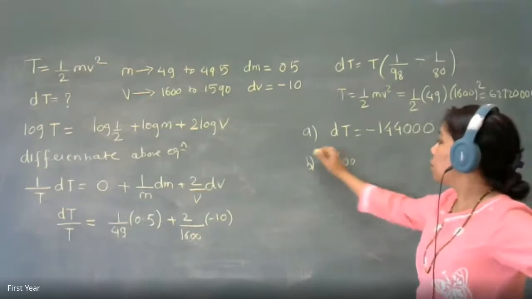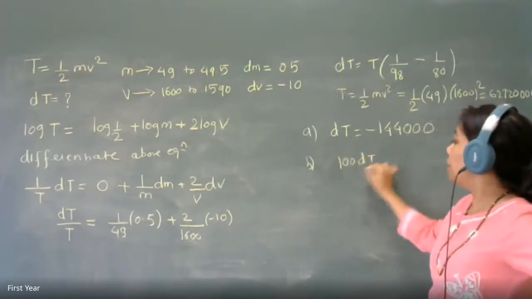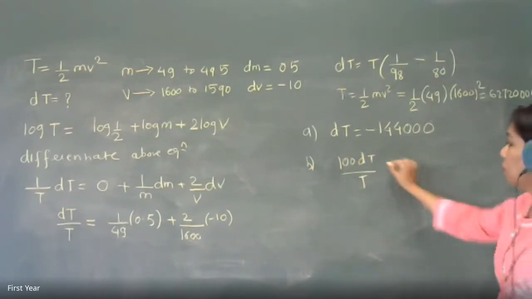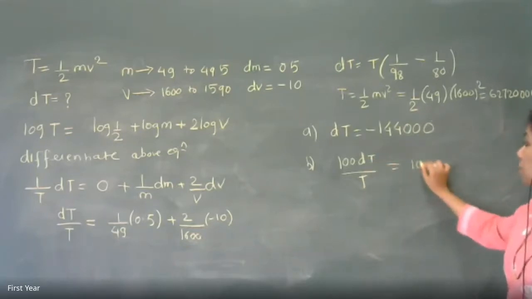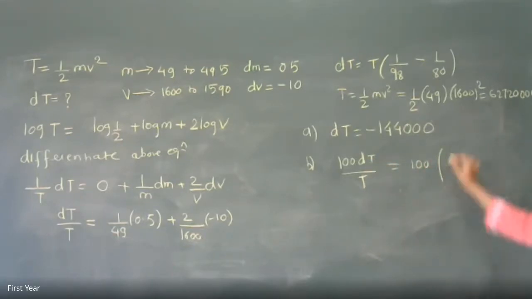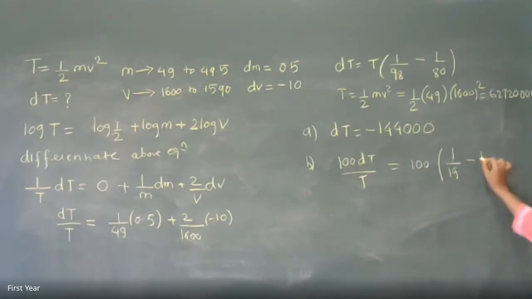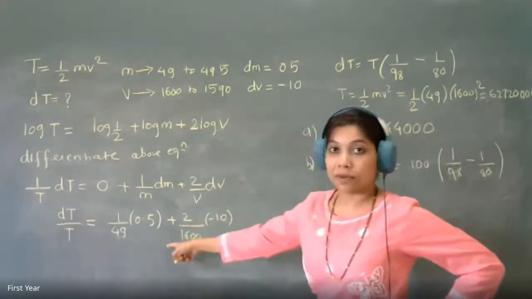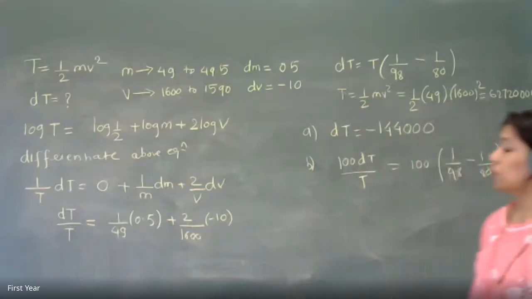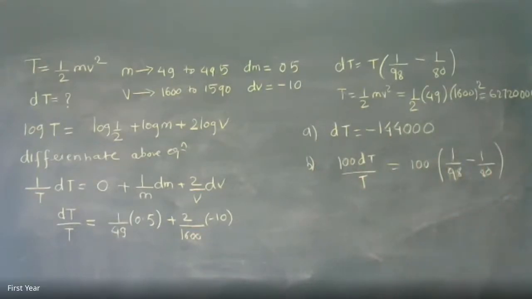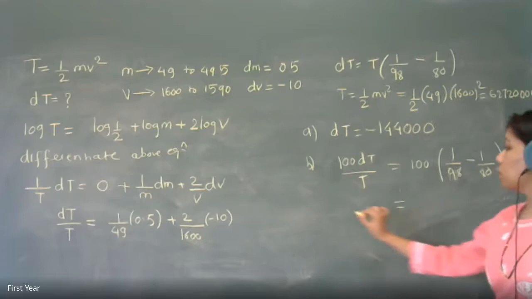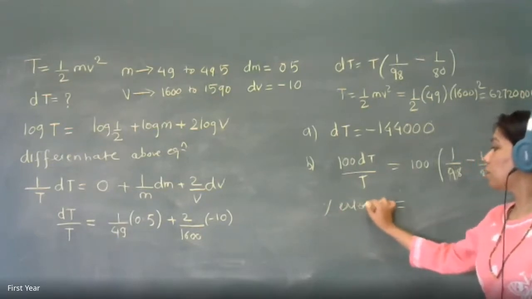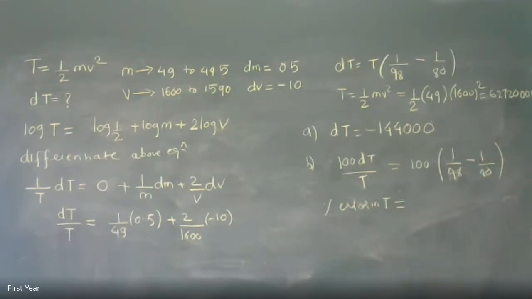Percentage error, 100 dT by T. We have already found dT by T, so multiply 100 into dT by T, which is 1 by 98 minus 1 by 80. Do this calculation, that is the answer. So the percentage error in T will be negative only.